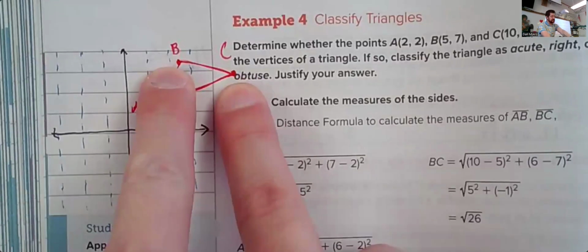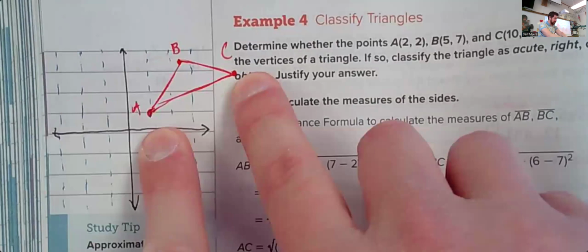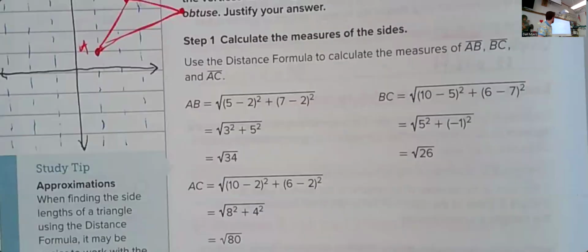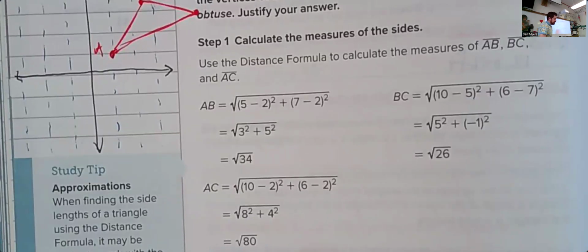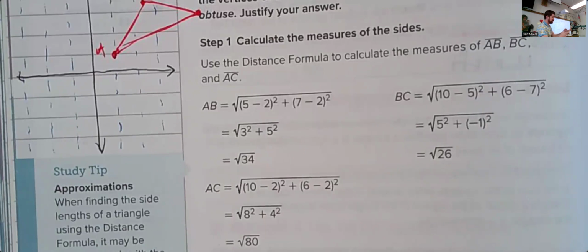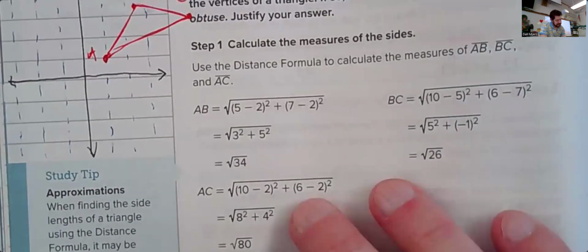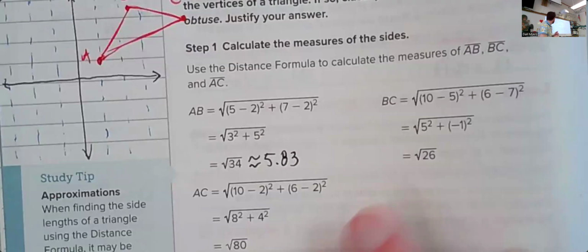You have to find the distance between B and C using the distance formula. You have to find the distance between A and C, once again, using the distance formula. So that work is already done for us. The distance between A and B ends up being equal to the square root of 34, which is approximately 5.83.